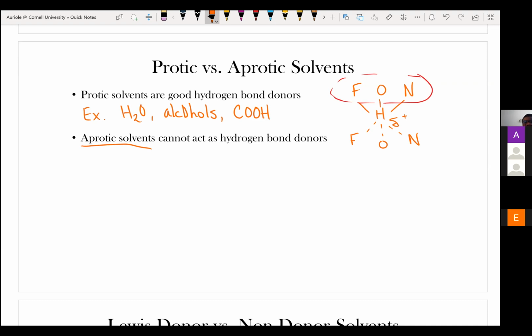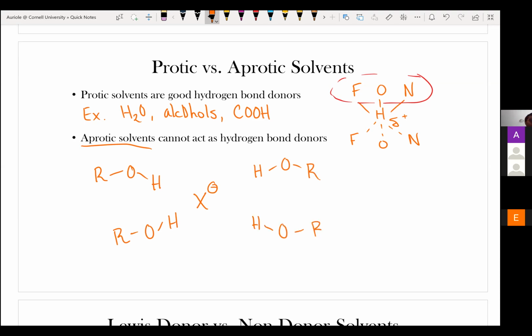And so let's draw out what that looks like. Imagine we have some kind of halide, and then we have just some generic alcohol. Something like that.